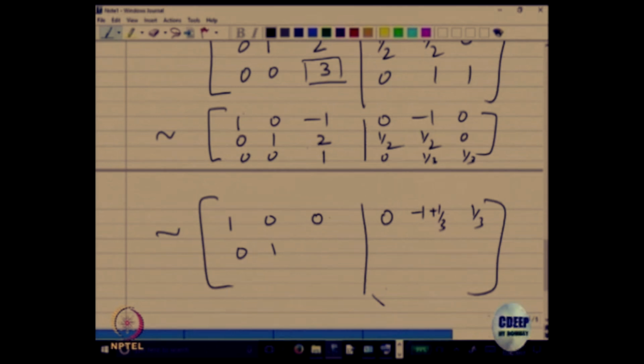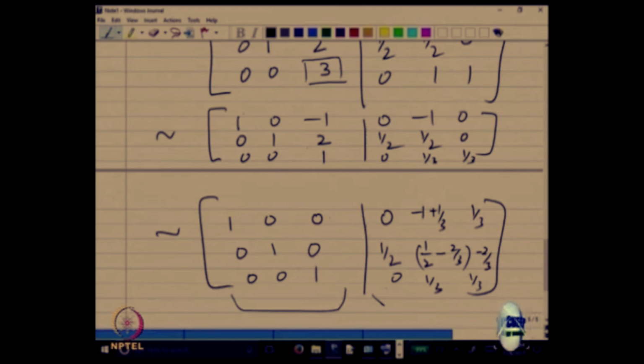So this 2 also I want to make 0. So I should multiply R3 with minus 2 and add. So minus 2 and add. This will not change. So 1 by 2 minus 2 by 3, this part, and that will be minus 2 by 3. The last row is 0, 0, 1, 0, 1 by 3, 1 by 3.